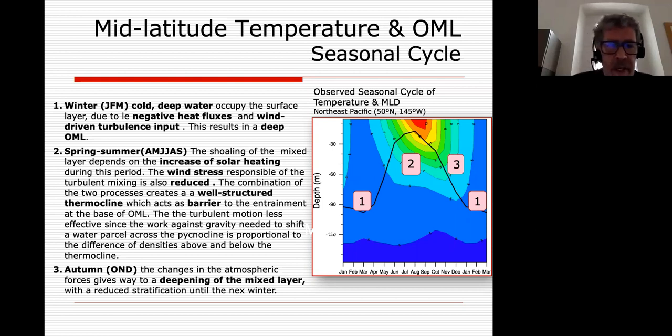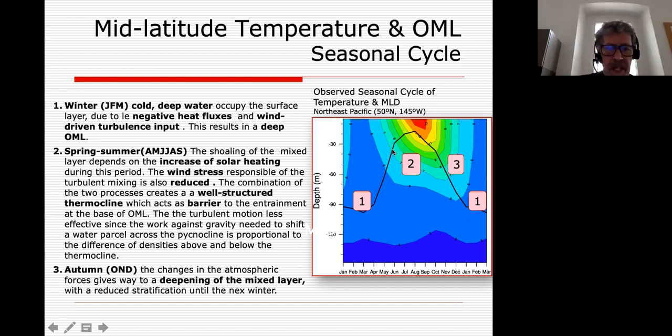What happens when the wind stress reduces and the solar radiation gets stronger? Progressively, the surface layer gets warmer and warmer and affects also the deeper part.